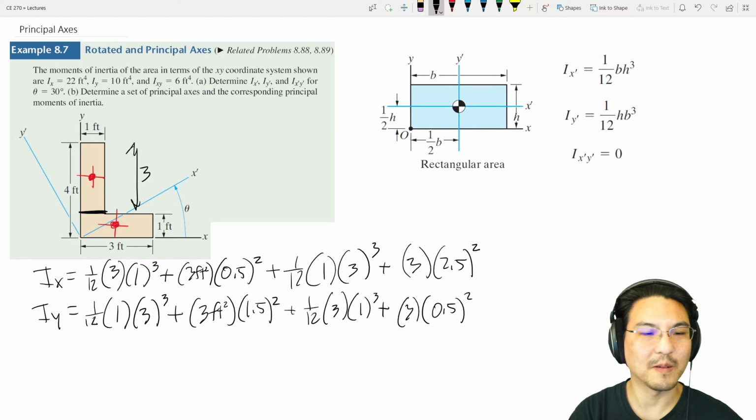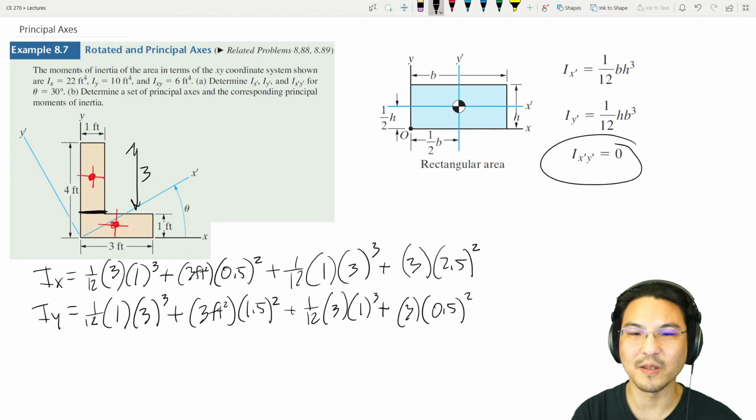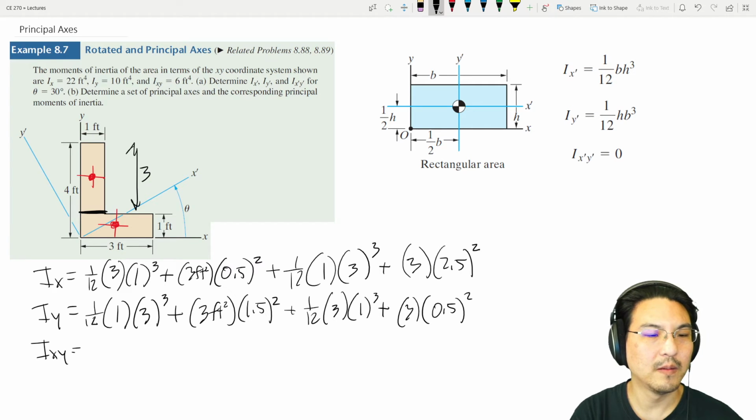0.5 squared. Okay, now the product of inertia for this rectangle about its centroid, 0, plus the area times this distance times this distance. So 0.5 and 1.5.